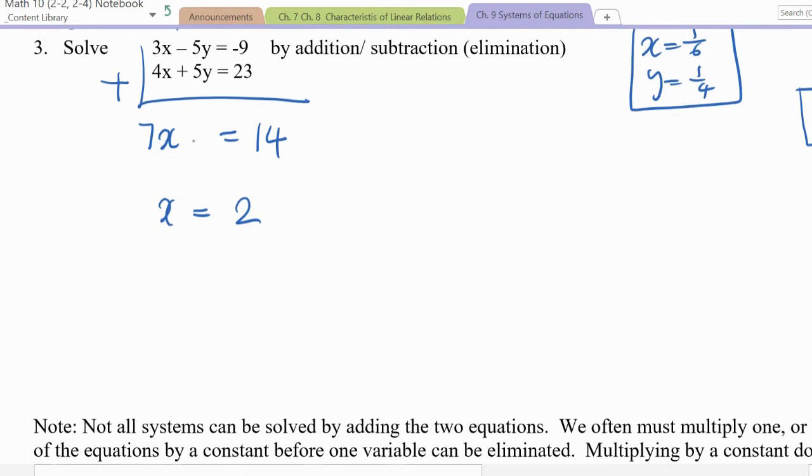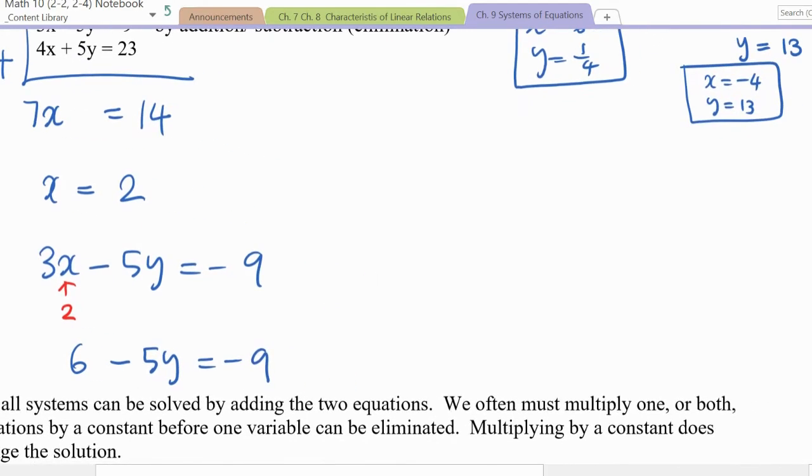Now we are supposed to find the y value. Let's use one of those two equations, the top one. Plug 2 in here. 3 times 2 is 6, minus 5y equals -9. You want to isolate -5y by subtracting 6. Remember, everyone, plus is hiding here, so to get rid of +6, you have to subtract 6.